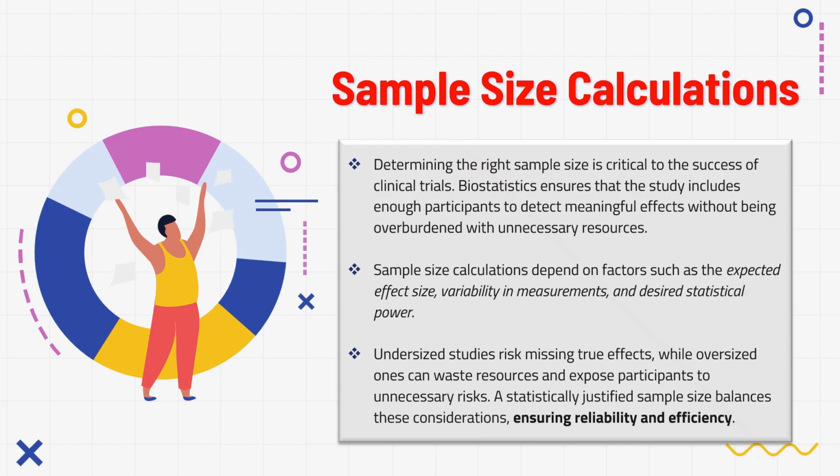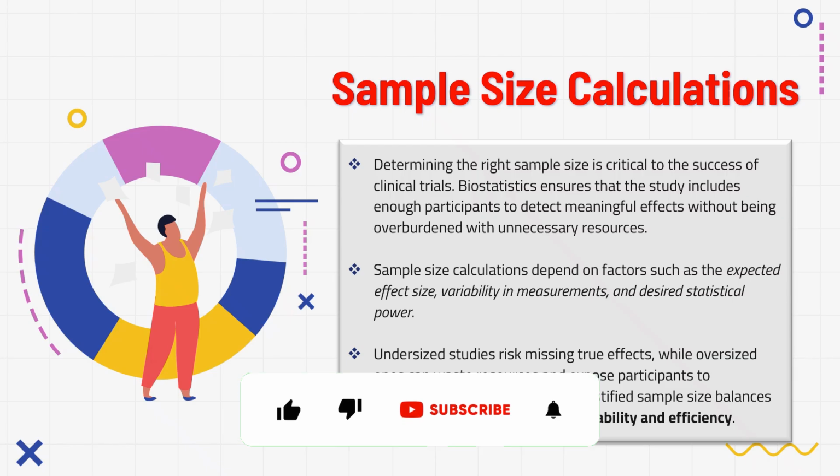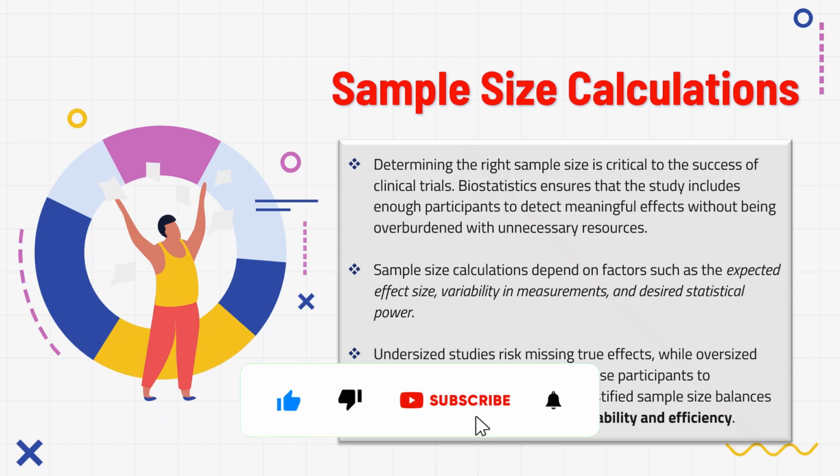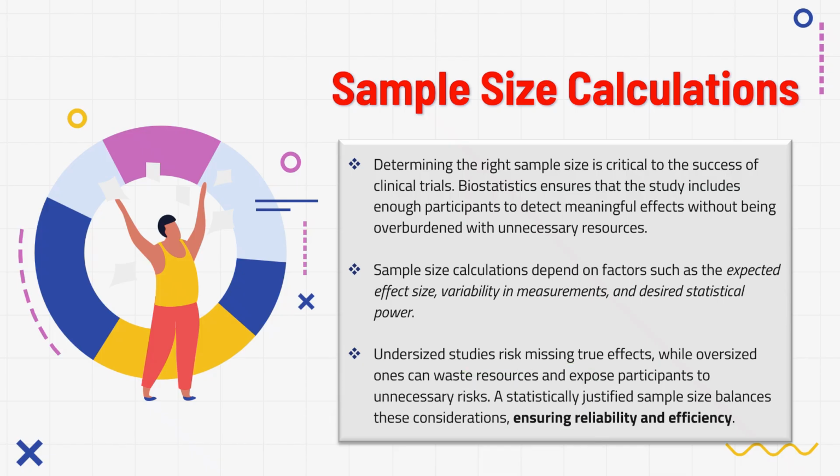Again, whenever we design a clinical trial and select a sample size, if we select the wrong size, that is an undersized study, it increases your risk in determining whether your drug or medicine is efficacious or not. We can have a lot of resources, but at the end of the day we have to manage each and every resource, and in terms of biostatistics, managing the resources and reducing the waste or exposure of participants to unnecessary risk is very important.